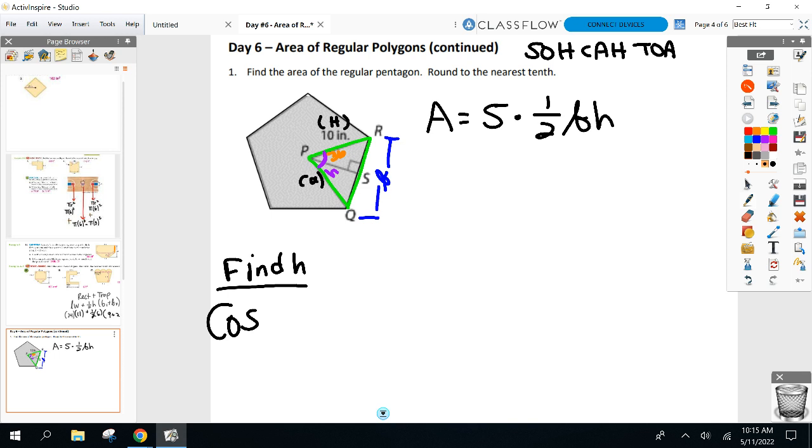Cosine of, what's my angle? 36, never the 90, 36. Equals, follow it, adjacent over hypotenuse. So H over 10. And you remember how we solve these? Put it over 1 and cross multiply.